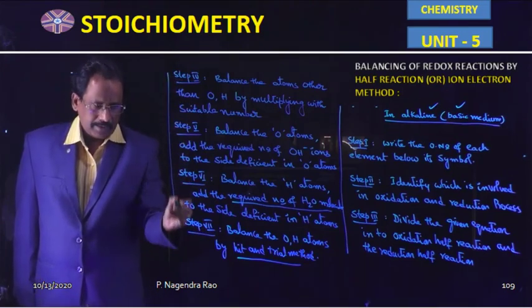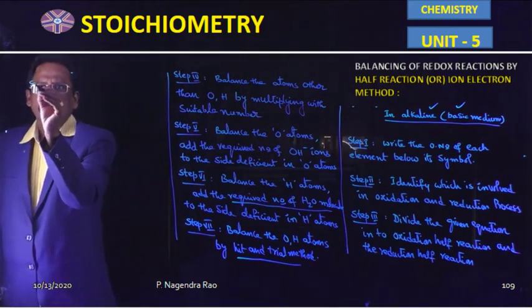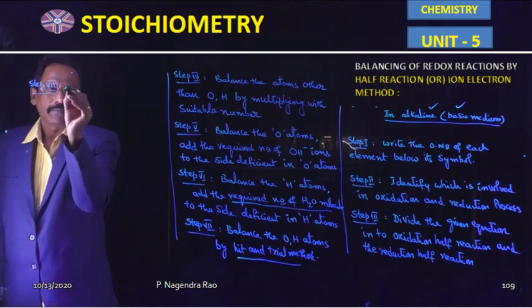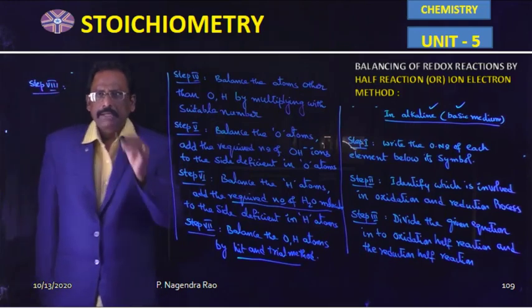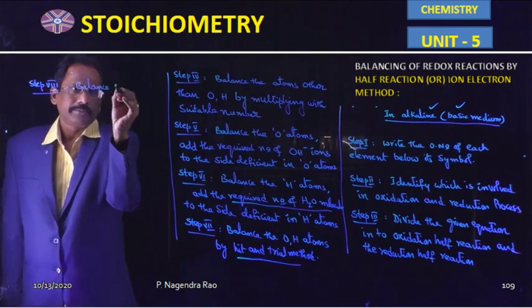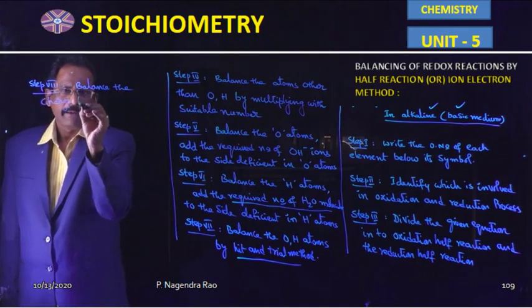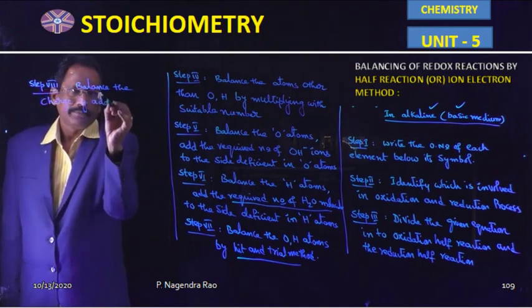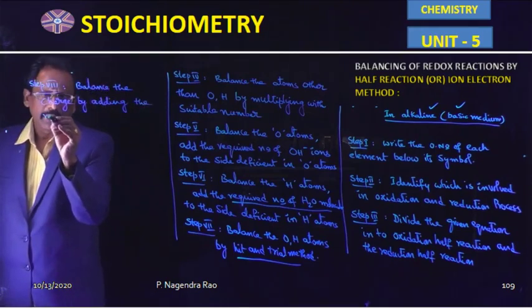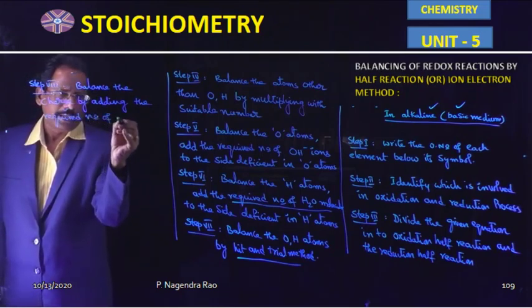And then the next step is balance the charge. Balance the charge by adding the required number of electrons.